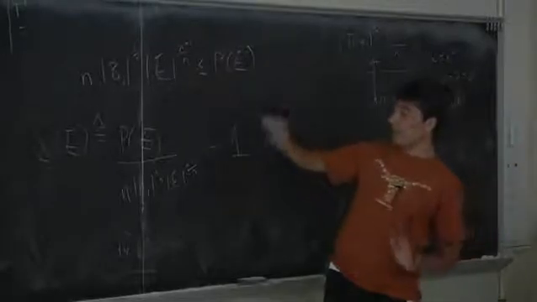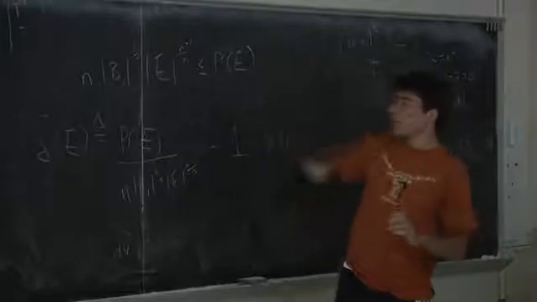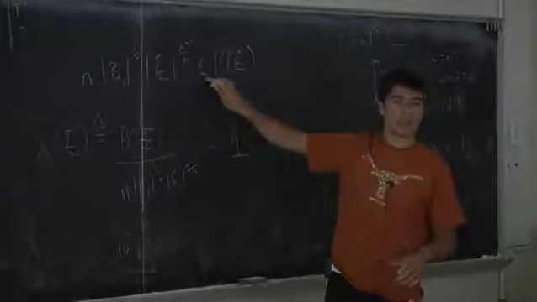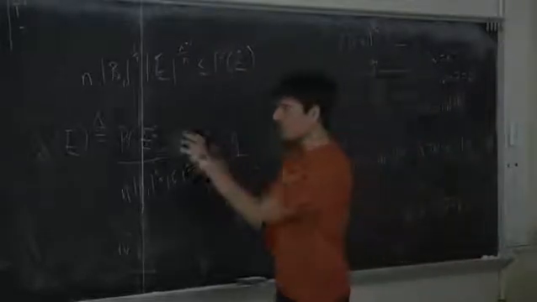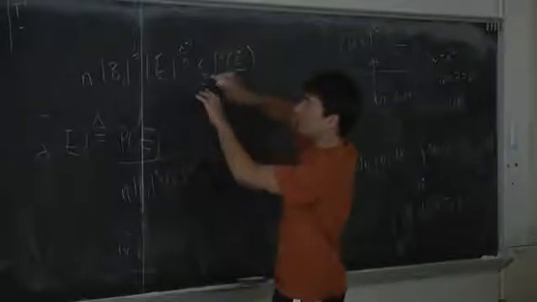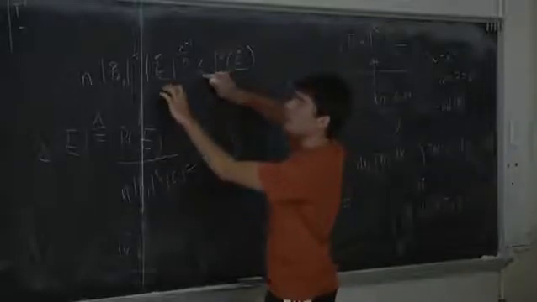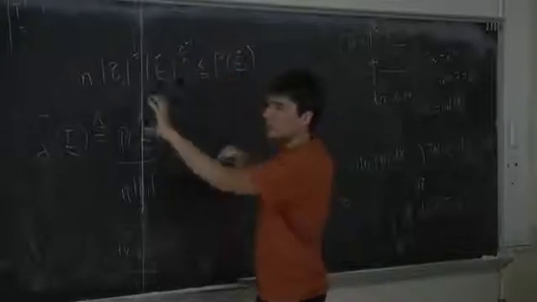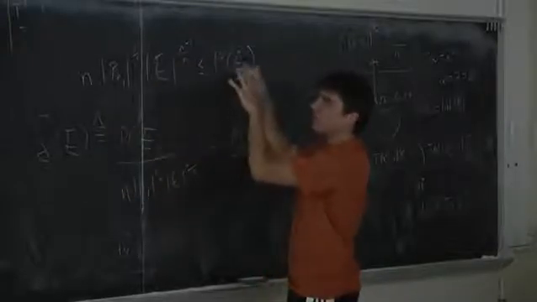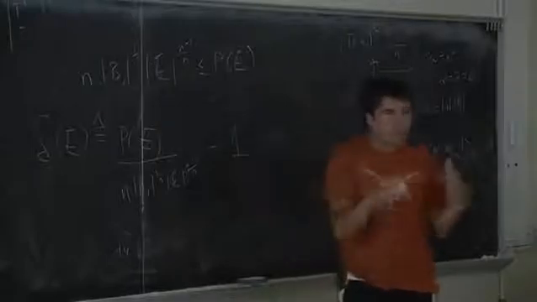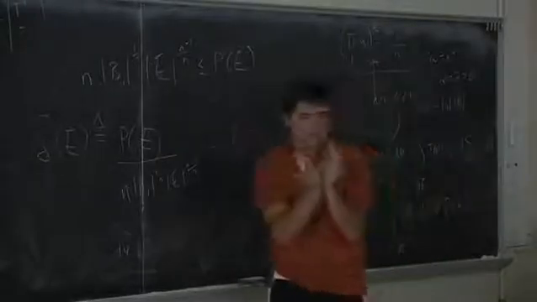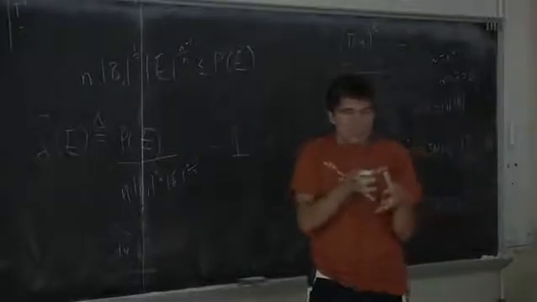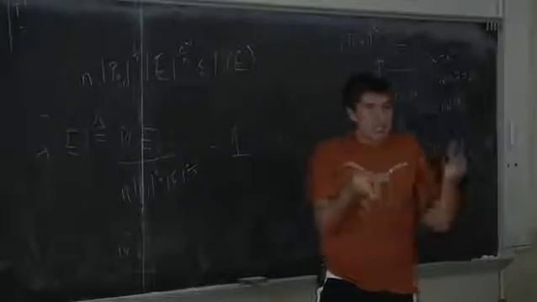But in this sense, you're absolutely right. It's stable with respect to this inequality. So the set that achieves equality in this inequality we have seen is just the ball. So if somehow the deviation from the optimal perimeter is very small, if delta is really small, then in some sense E and the ball should be like what?